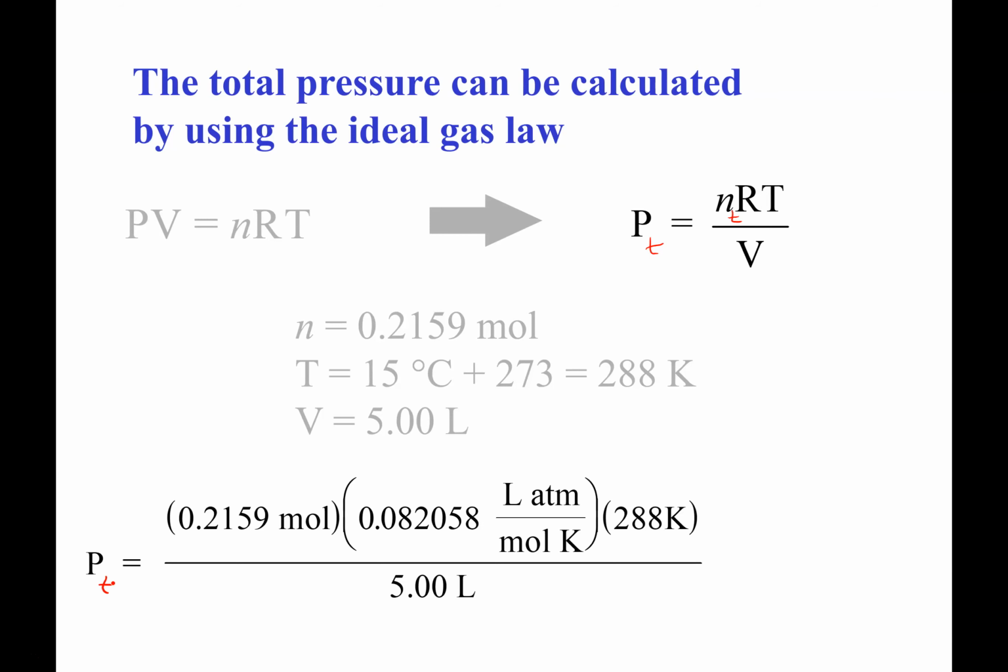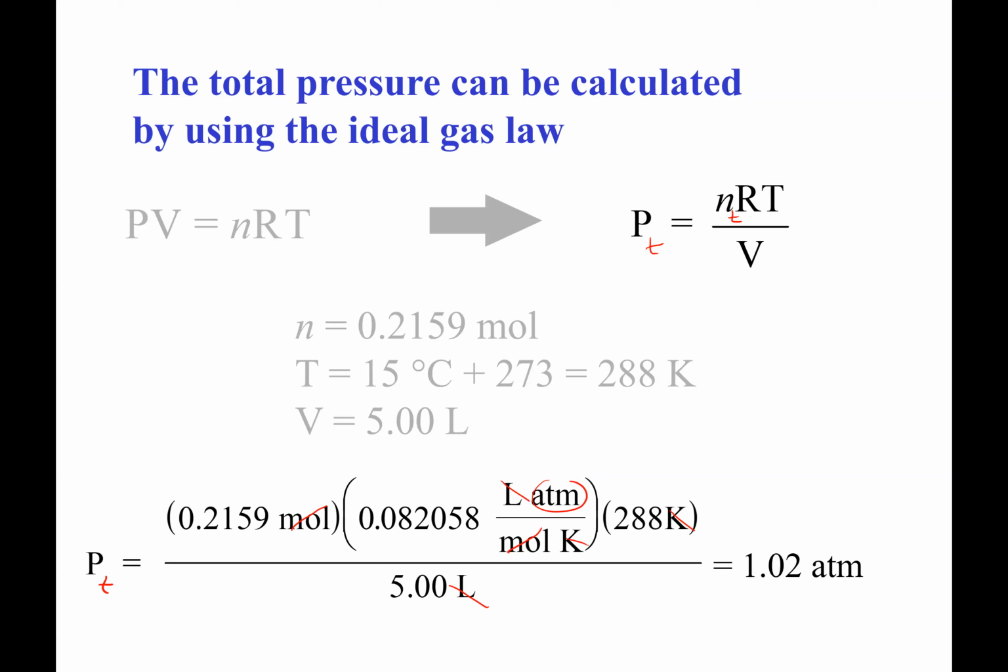Looks like we're only allowed 3 sig figs by both our temperature and our volume. Units, of course, would be atmospheres, because moles have canceled, liters have canceled, Kelvins have canceled. With 3 sig figs, you're looking at a total pressure of 1.02 atmospheres.